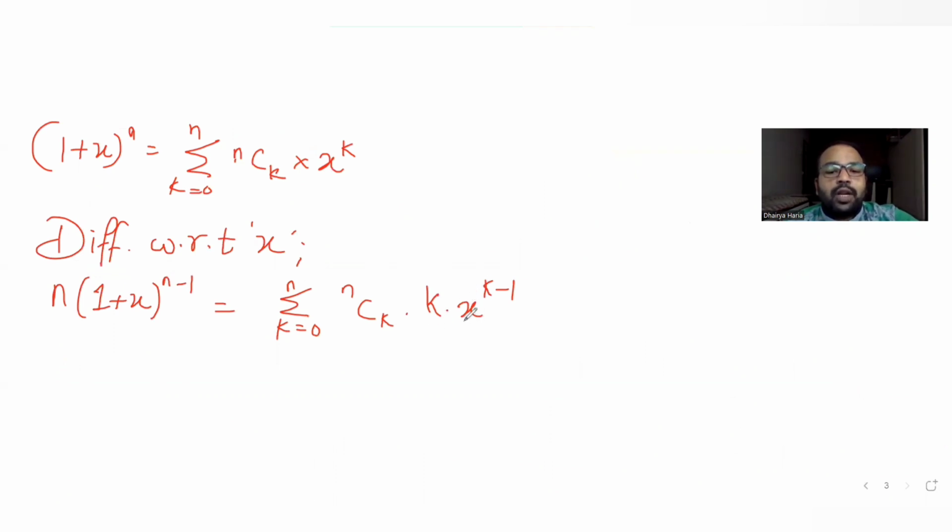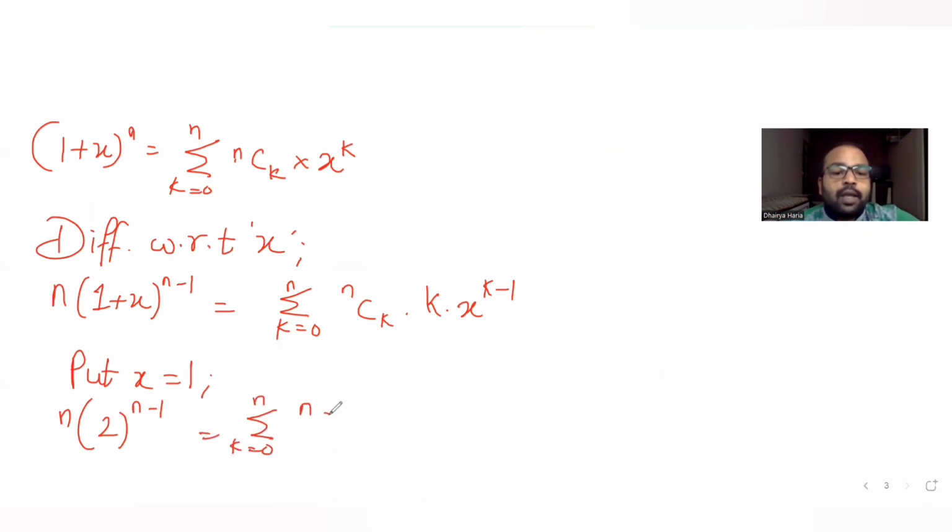So I will put x as 1, because 1 raised to anything is 1, and multiplying it with 1 keeps it as it is. If I put x as 1, this becomes 1 plus 1, 2 raised to n minus 1, equals summation k equals 0 to n, nCk into k, and 1 raised to k minus 1 still turns out 1.